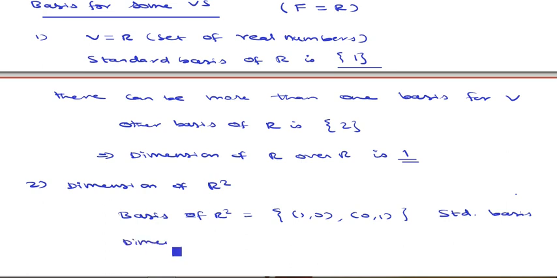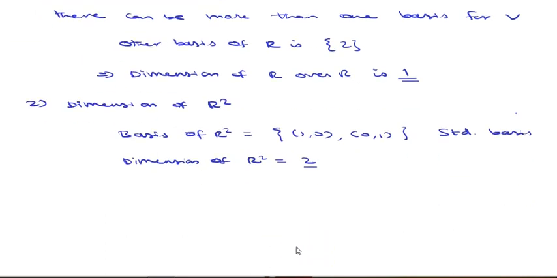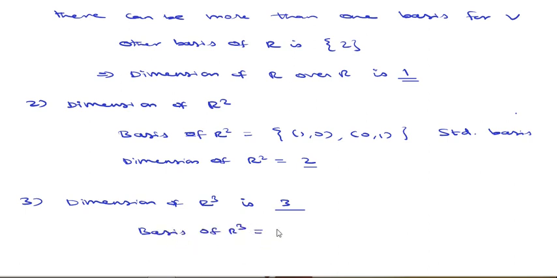So the dimension of R2 is 2. Similarly, the dimension of R3 is 3, because the standard basis consists of 3 elements, namely (1, 0, 0), (0, 1, 0) and (0, 0, 1).